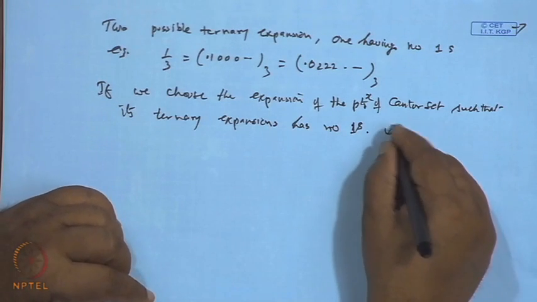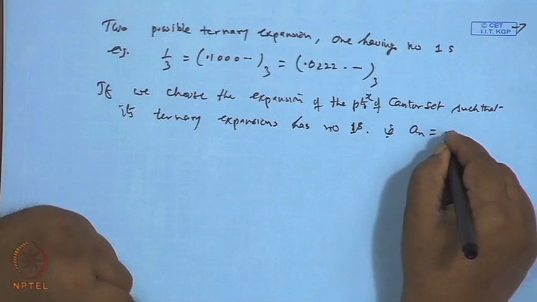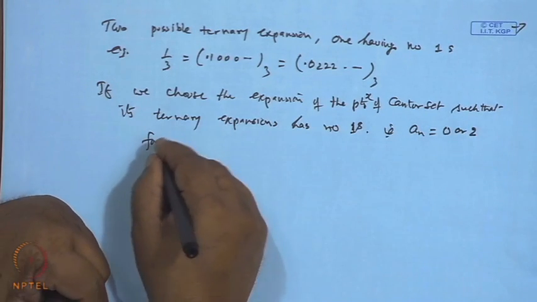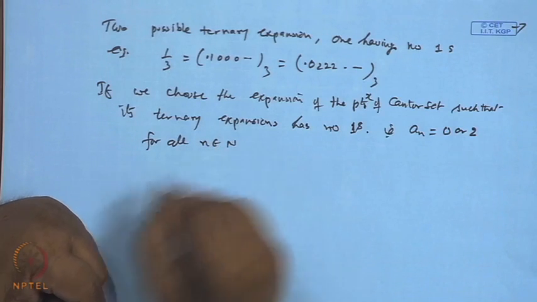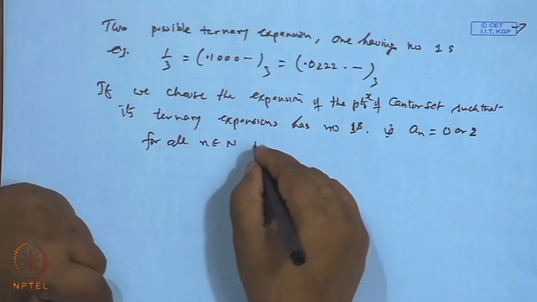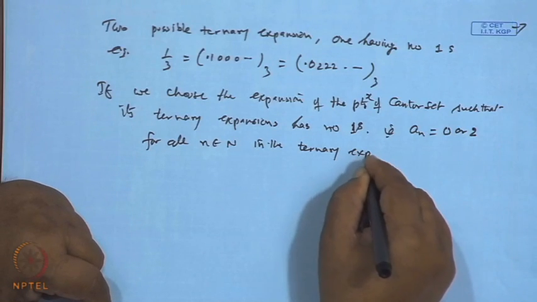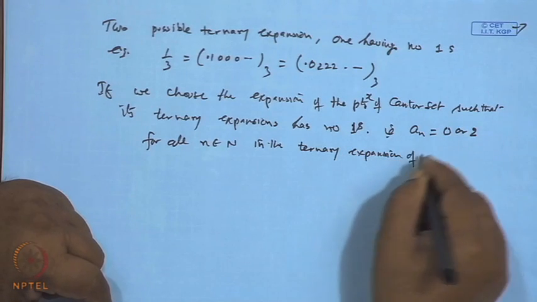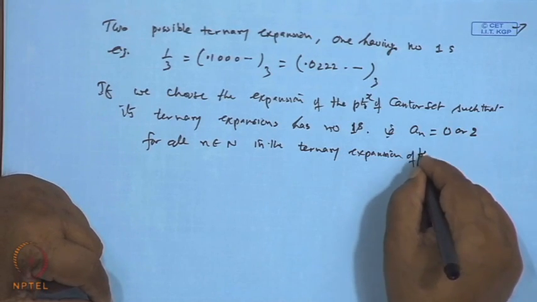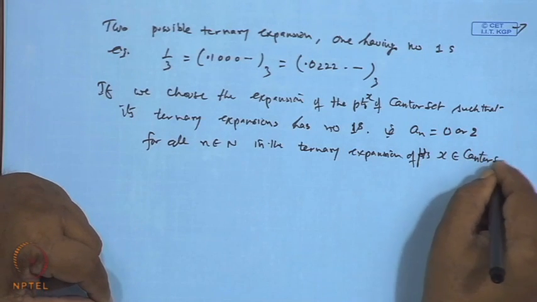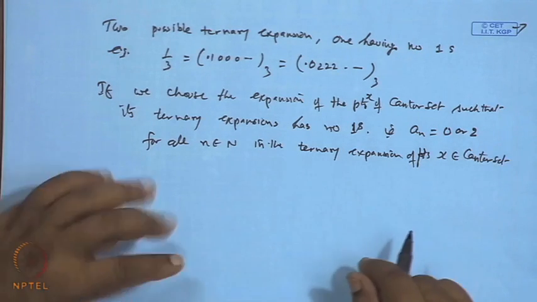That is, the ternary expansion will involve a_n which is either 0 or 2 for all n in the ternary expansion of each point x belonging to the Cantor set. This we are assuming.